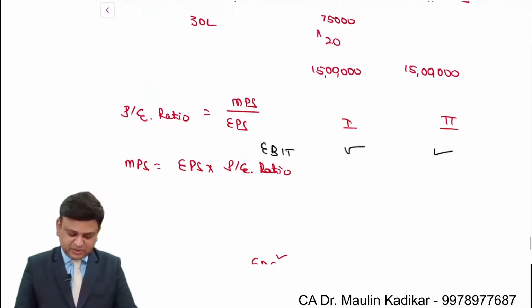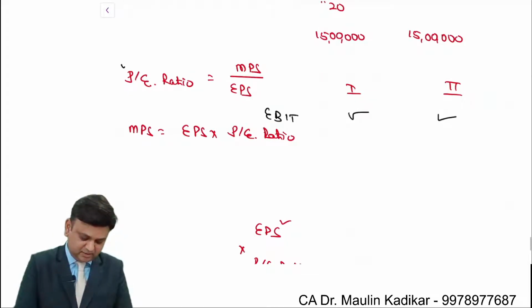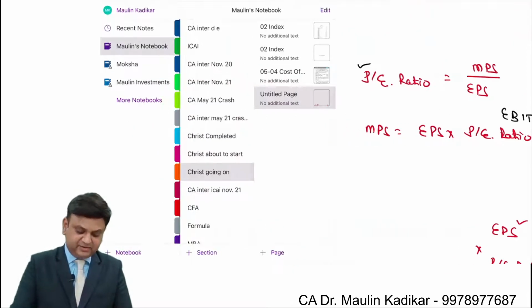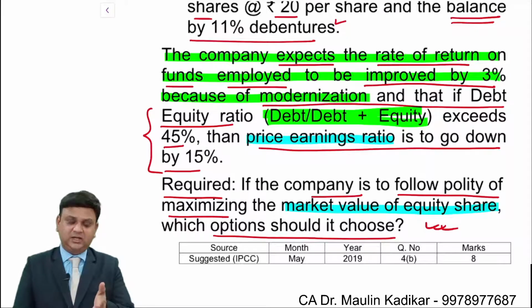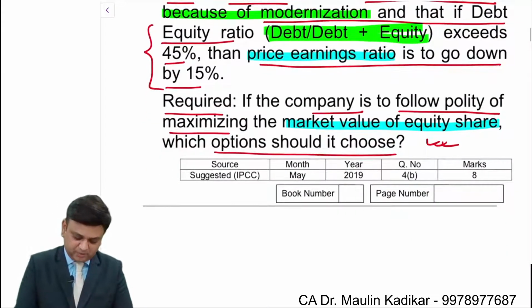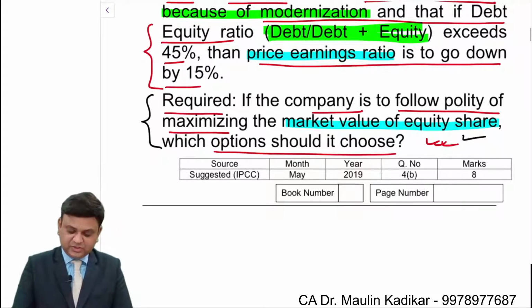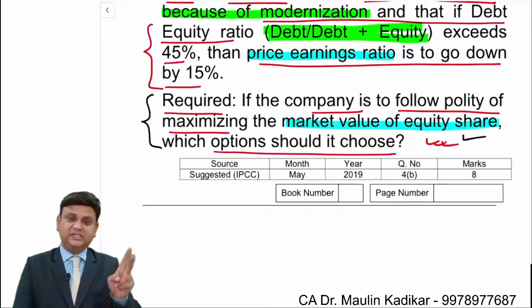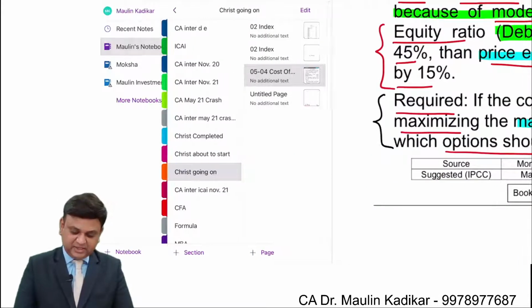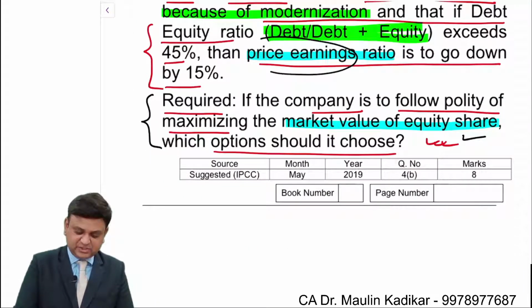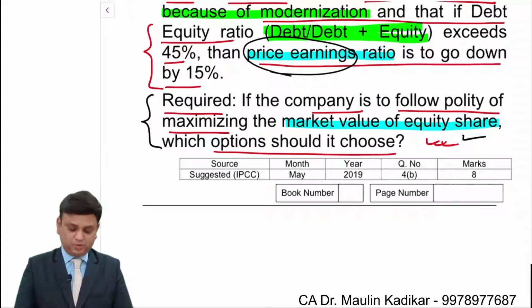I am giving an explanation of this price earning ratio once again. This time the language of the question says very clearly that you are going to select the financial plan with which the market price of the equity share is comparatively more. Further, the question is providing the information about the price earning ratio.